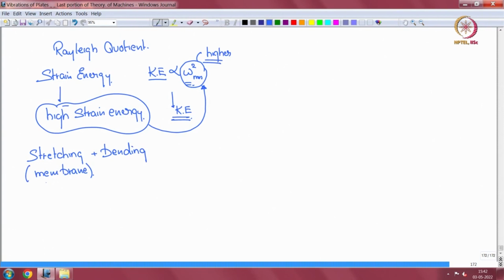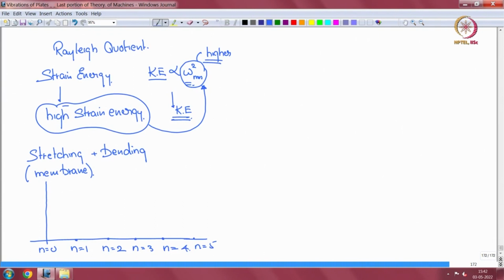So if I now plot or locate n equal to 1, n equal to 2, n equal to 3, n equal to 4, and 5, etc.